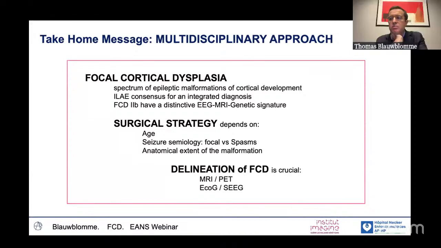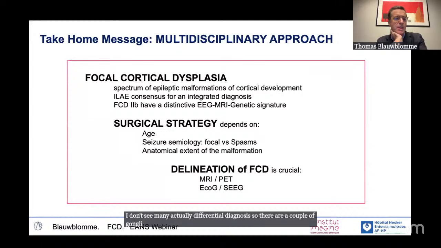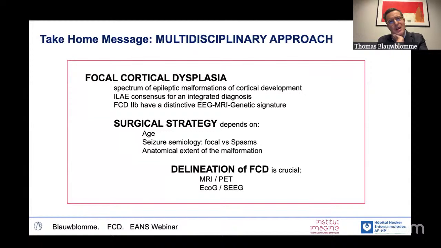I don't see many differential diagnoses actually. There are a couple of gangliogliomas that behave a bit the same on MRI. But clearly, when you have this blurring, the differential diagnosis will be non-specific histology.